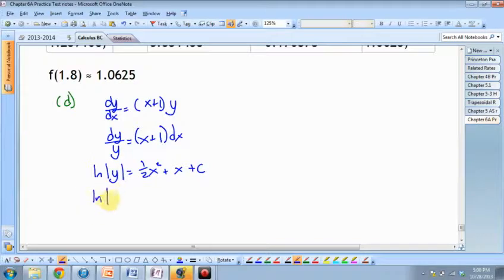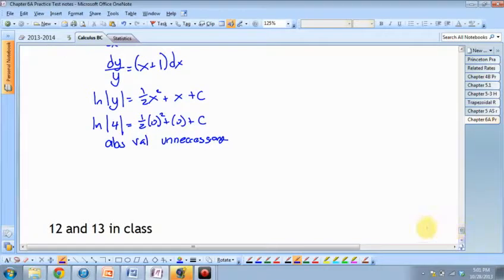Natural log of 4 equals 1/2 times 0 squared plus 0 plus c. Absolute value not necessary. So the natural log of y is equal to 1/2 x squared plus x plus c.